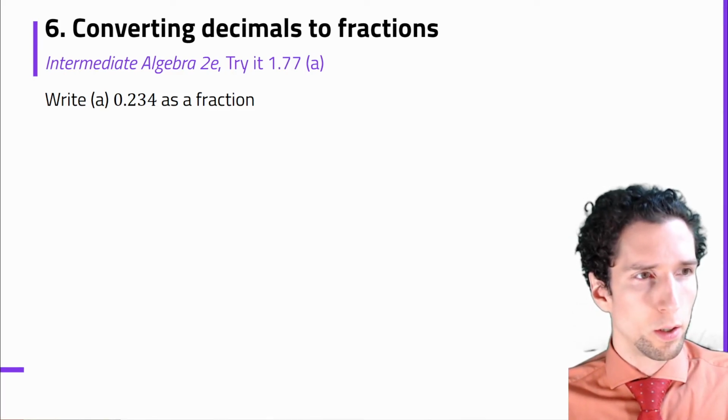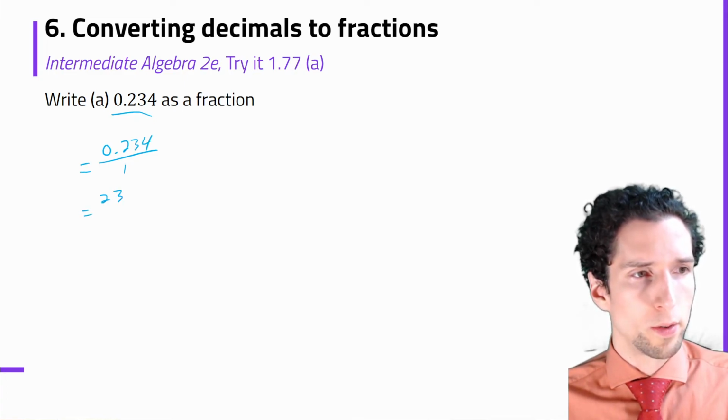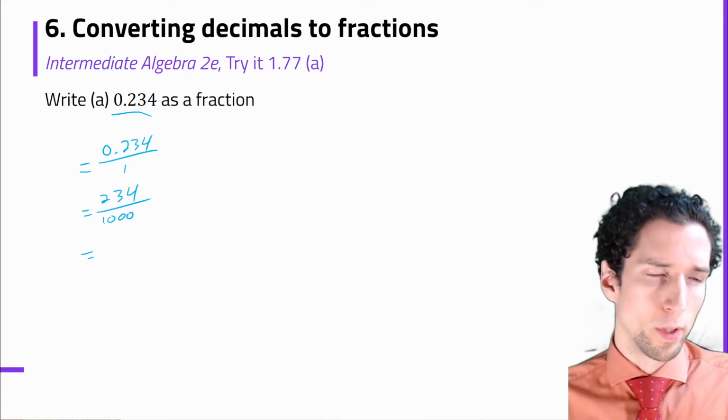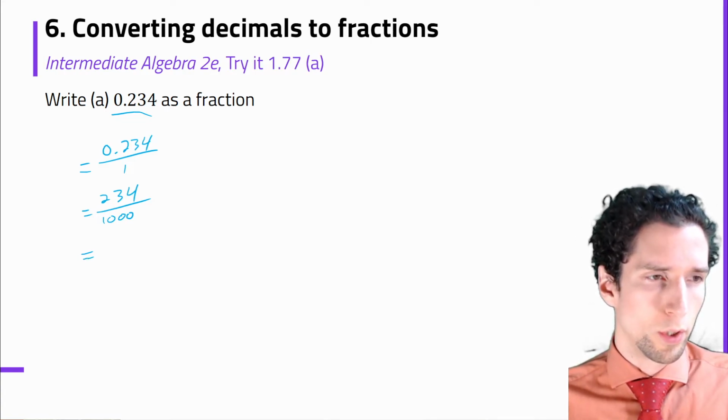My turn here. 0.234 over 1. And then multiply both by 1,000, 234 over 1,000. Divide by 4 is not going to work again, but we can at least do 2.